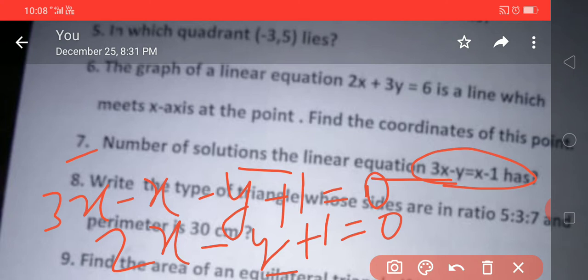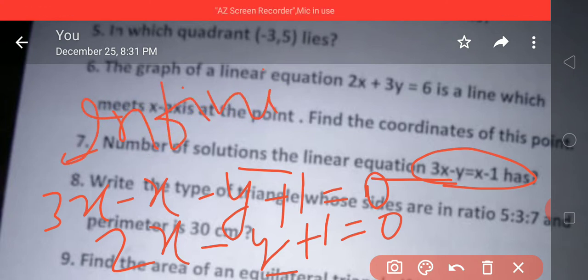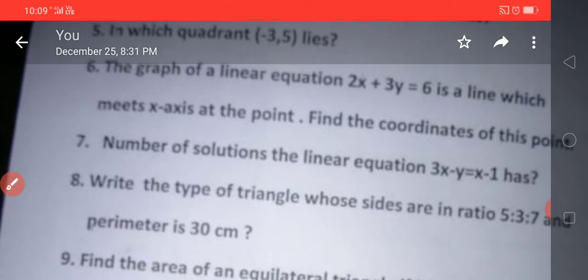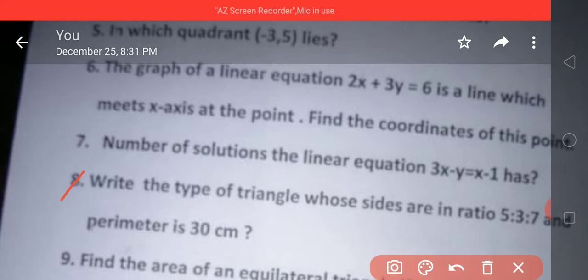So it will have infinite solutions, right? As many values as you put for one variable, you will get the value of the second variable. If you put any value instead of x, you can get the value of y in the same way. So infinite.